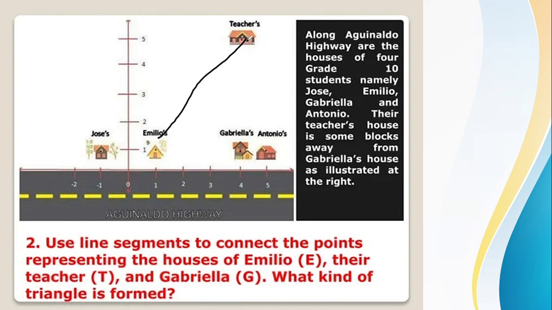And teacher to Gabriela's house, again a straight line. And then Gabriela to Emilio's house. So what triangle is being formed here? What kind of triangle is formed?